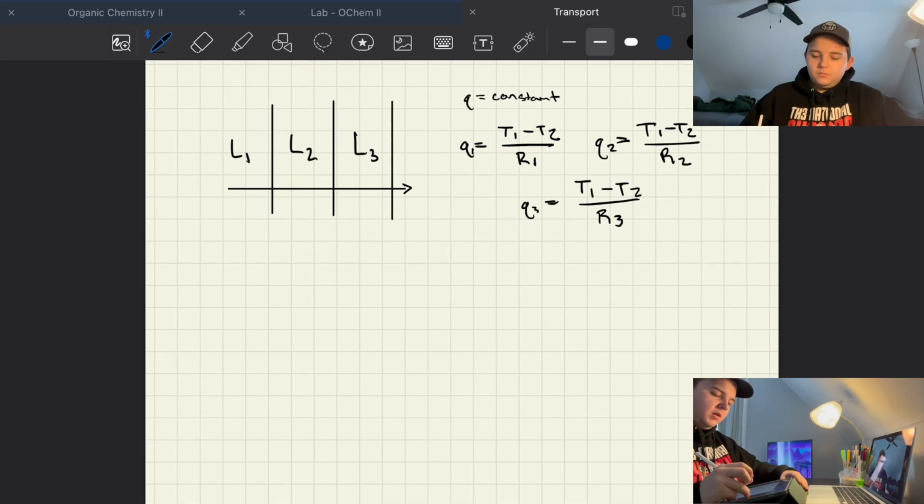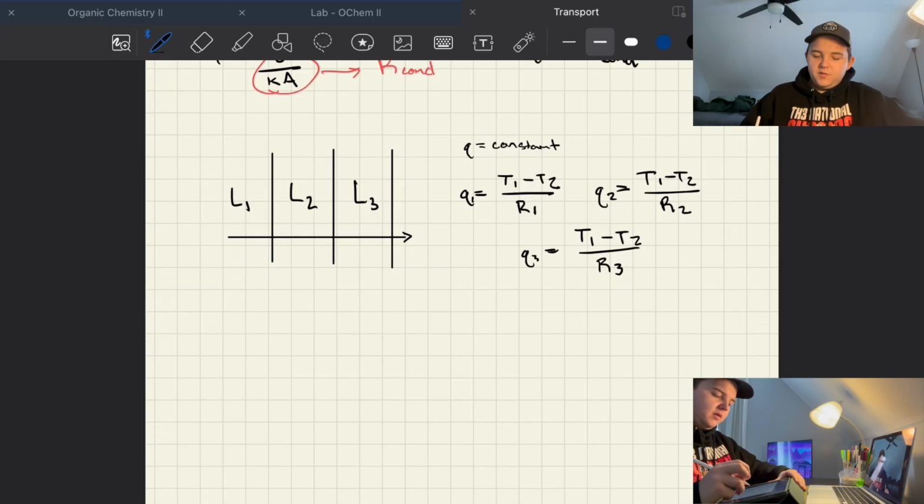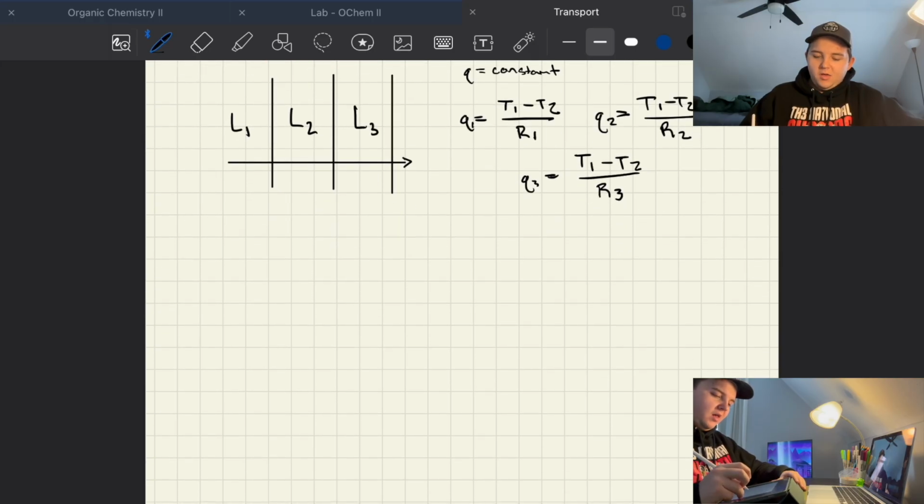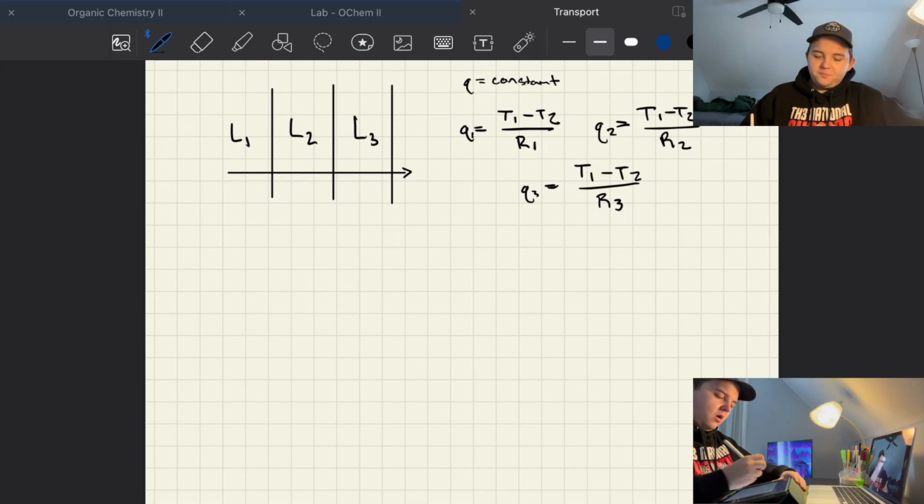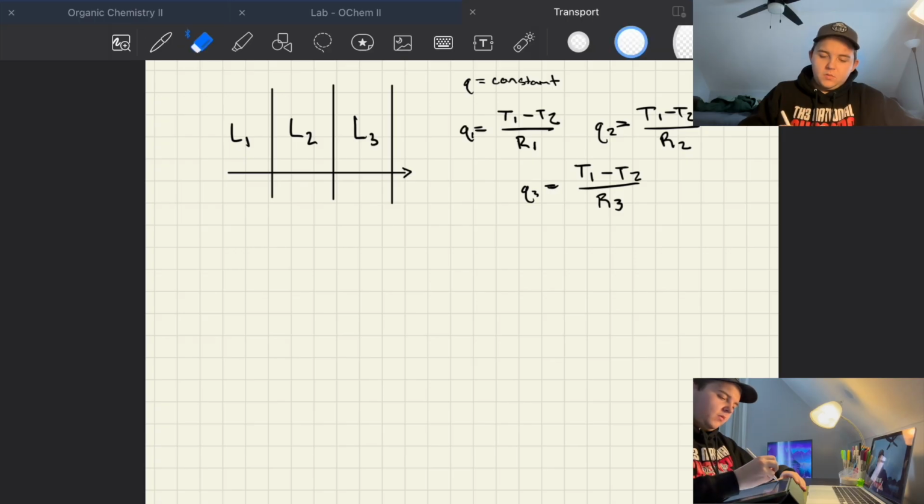Okay, to solve for the temperatures, when Q is constant, hold on, I just realized these shouldn't be T1 and T2, these should be different. Should be T1, T2, T2, T3, T3, T4.